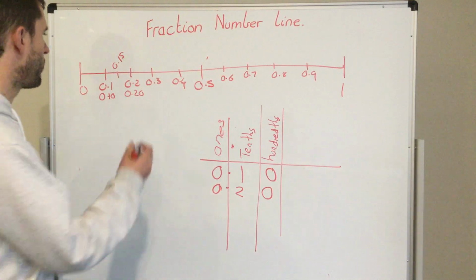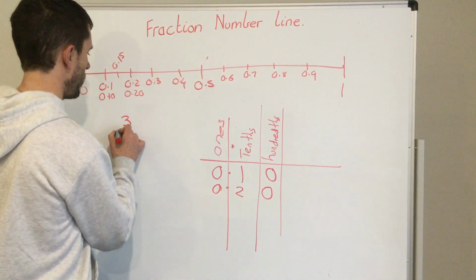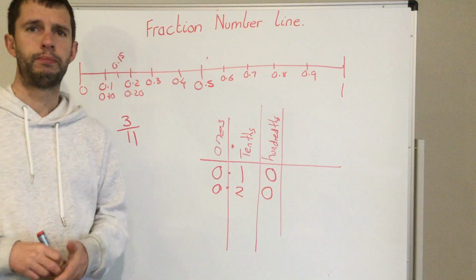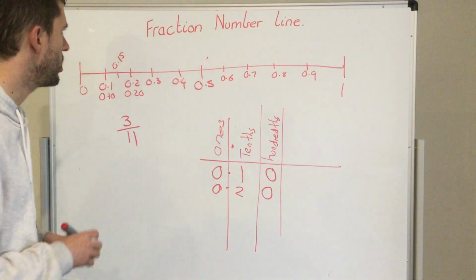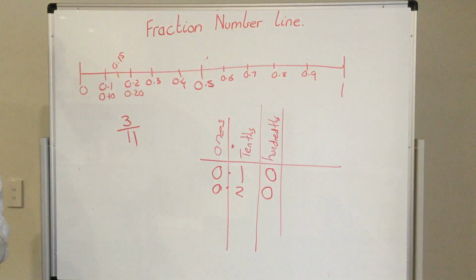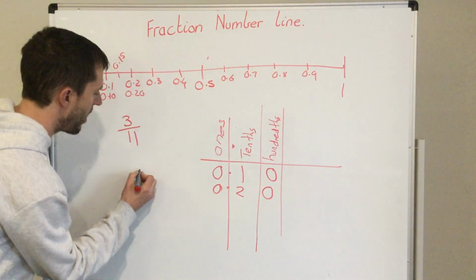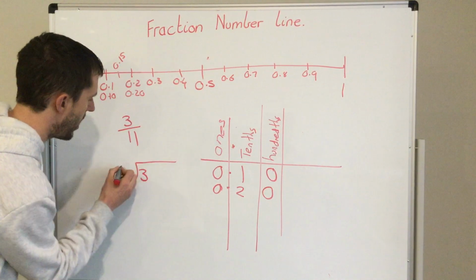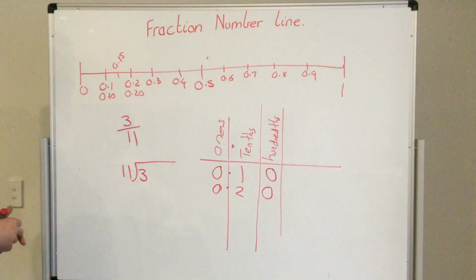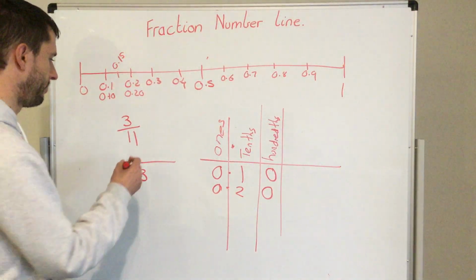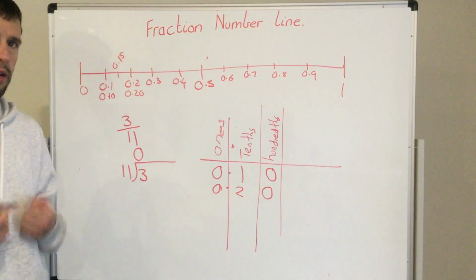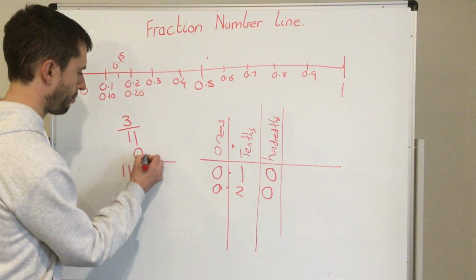For example, if I have the fraction 3 over 11, I know we looked at this fraction before. If we think about that line, that means a division line. So it's saying I've got 3 and I am sharing between 11 people. I can't do it. So each person gets 0.